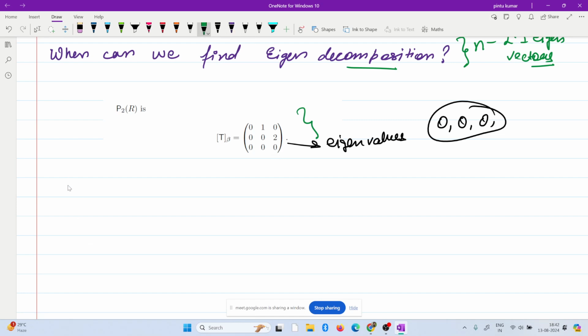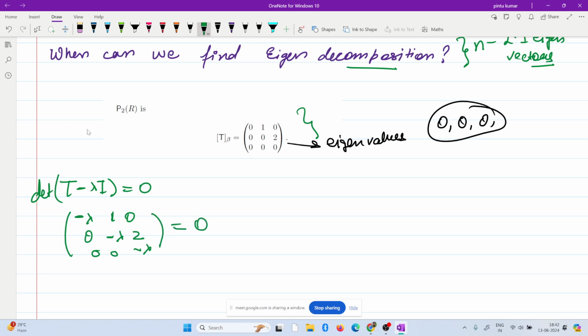Okay. So we have to do determinant of T minus lambda I is equal to 0, right? So this is minus lambda 1, 0, 0 minus lambda 2, 0, 0 minus lambda is equal to 0. So I have to find the determinant of this particular matrix that I have written, right?